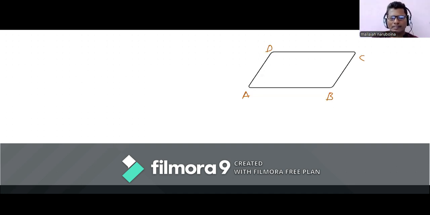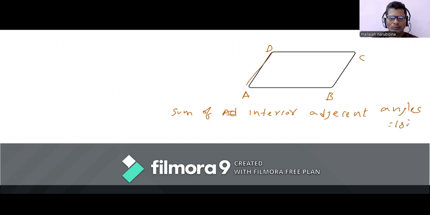The other property is that the sum of adjacent interior angles is equal to 180 degrees. See, this A and D are adjacent angles, so the sum of A and D is equal to 180 degrees.